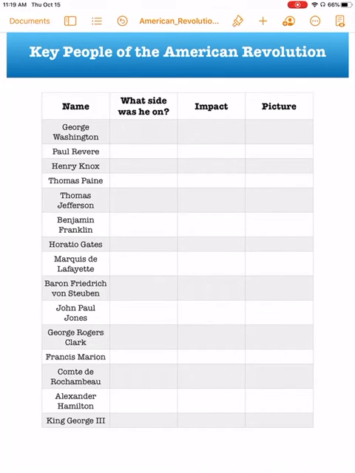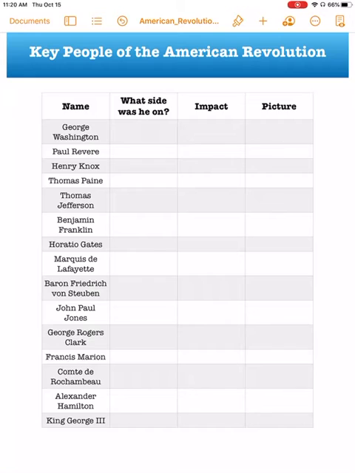The patriots, as we learned from our key terms yesterday, are colonists who chose to fight for independence, for freedom from Great Britain. Was he on the patriots' colonist side, or was he on the British side, the redcoats? The British are the other side, so it's the colonists versus the British. That is our war. So what side did he fight for?